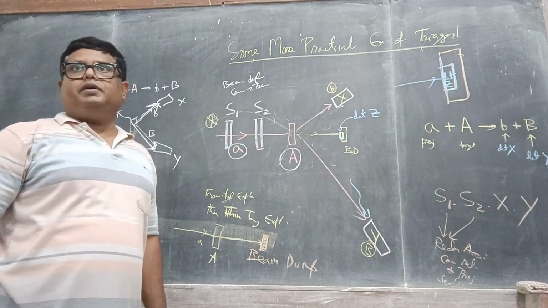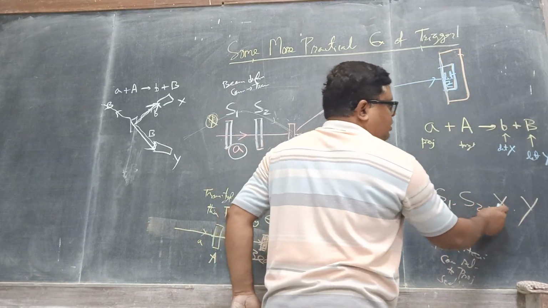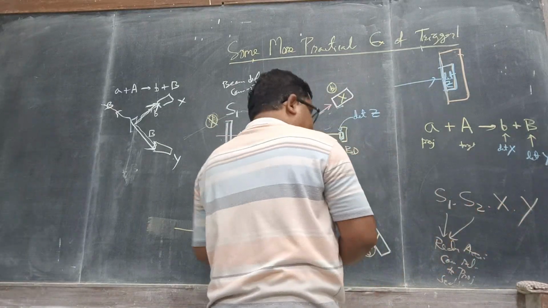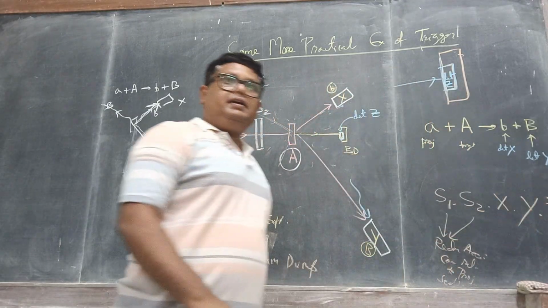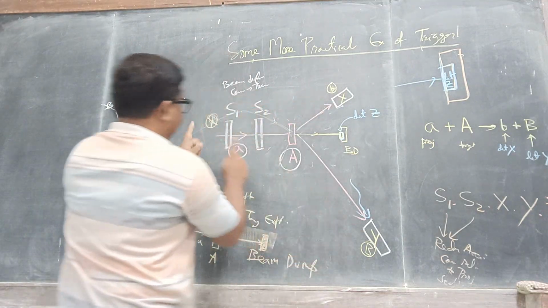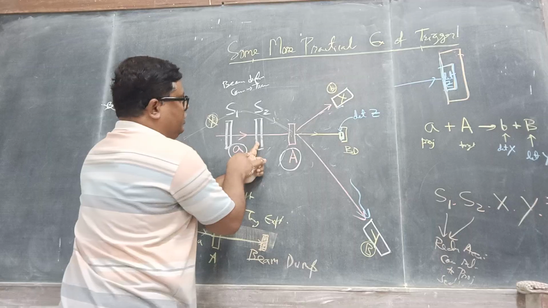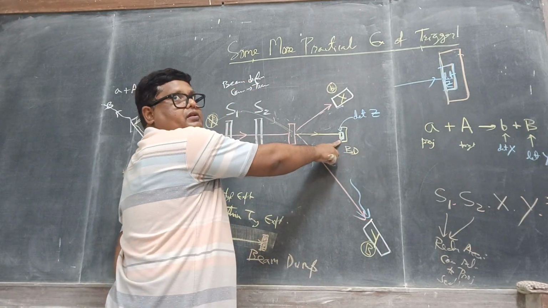And then I will put a condition over here: S1 dot S2 dot X dot Y dot Z bar. That is, I will count when there is signal over here, signal over here, signal over here and no signal from here.